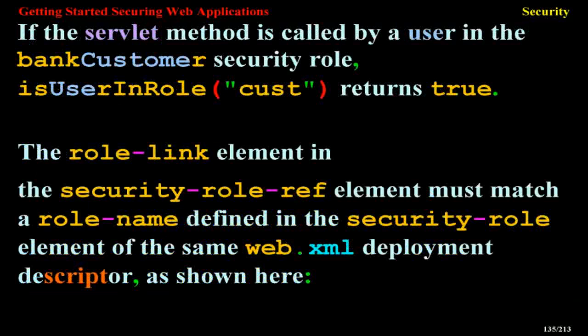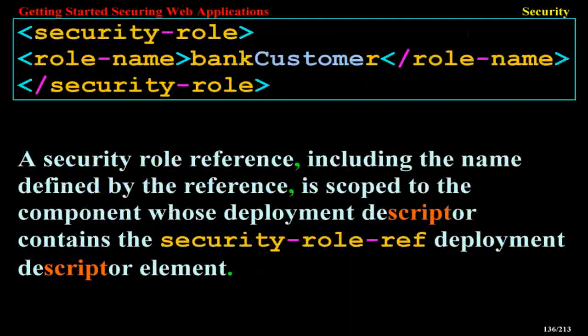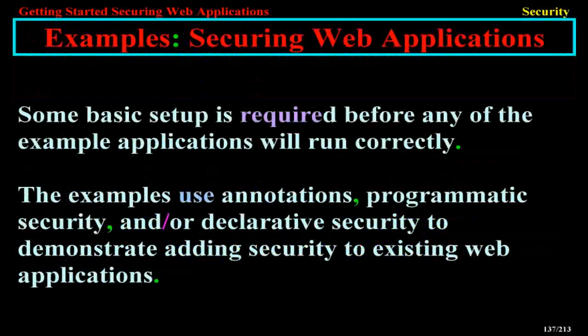The role-link element in the security-role-ref element must match a role-name defined in the security-role element of the same web.xml deployment descriptor, as shown here: <security-role><role-name>bankCustomer</role-name></security-role>. A security role reference, including the name defined by the reference, is scoped to the component whose deployment descriptor contains the security-role-ref deployment descriptor element.